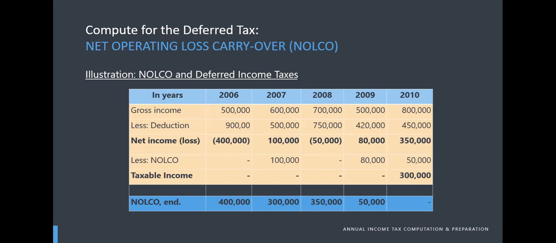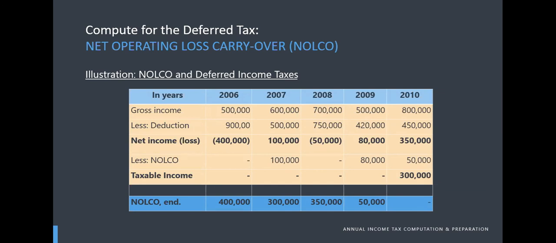In 2007, since the company is already in net income position, we can reduce the NOLCO by 100,000 coming from the NOLCO.